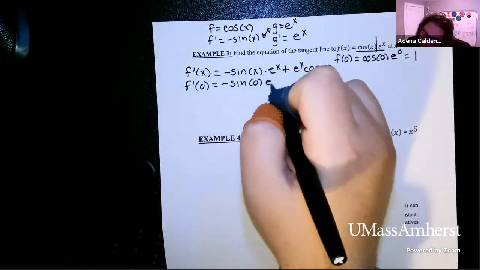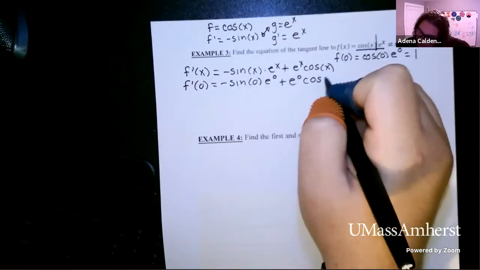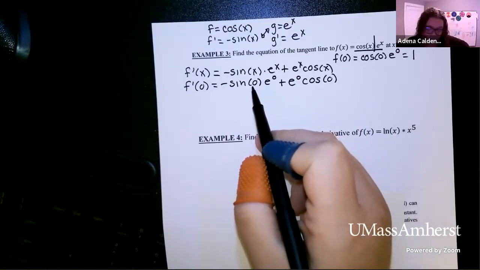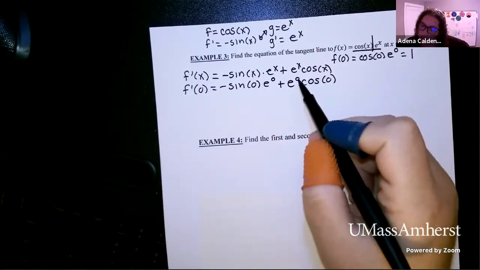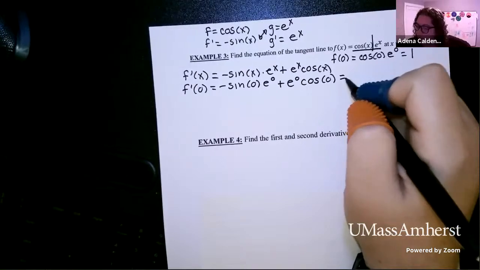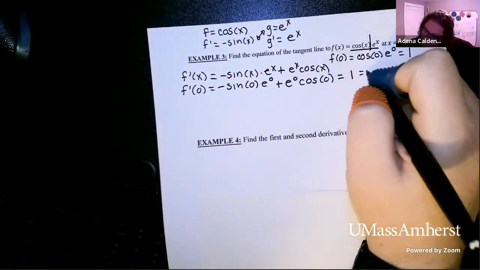So I plug in a 0 everywhere I see an x. So here, sine of 0 is 0. So this whole first term gets canceled out to 0. And then here I have e to the 0, which is 1, times cosine of 0, which is 1. So I have 0 plus 1, which gives me a slope of 1.